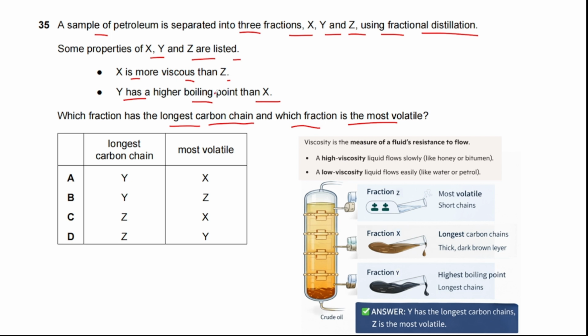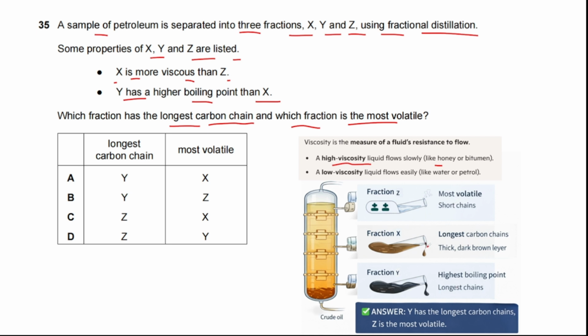So viscosity is one of the points. The higher the viscosity, the slower the liquid flows. For example, honey and bitumen are highly viscous. So here X is more viscous, which means that it's denser. X will have a higher density than Z.